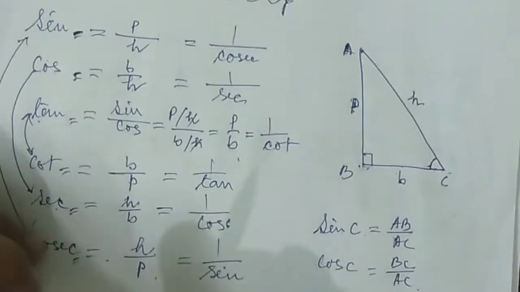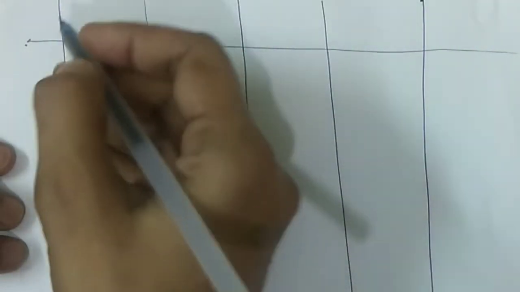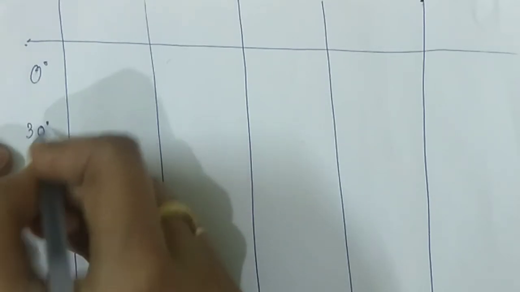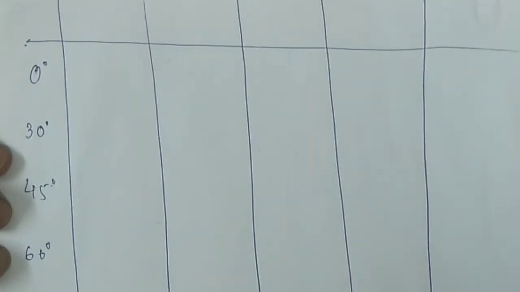Now I am showing you how to make the table. We have some particular measurements: for 0 degree we can find 0, 30, 45, 60 degree, and lastly 90 degree.